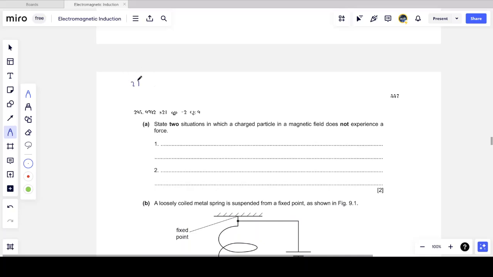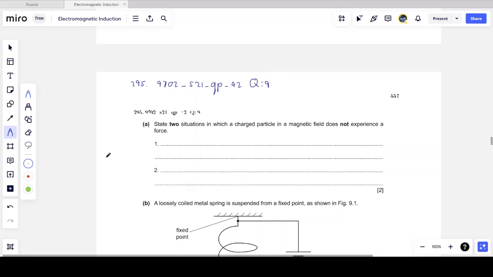Now the next question is numbered 295, and this is subject code again 9702. This is from summer 2021, question paper 4, variant 2, question number 9.